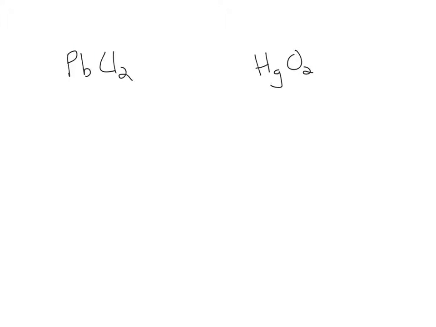Now, looking at a couple of chemical formulas that have transition metals, this means that they have a variable charge, so we're going to have to identify what that charge is. So Pb stands for lead. We know that it's going to have some Roman numeral to represent that charge, and then we have Cl2, which is chlorine, but we will be changing it to chloride.